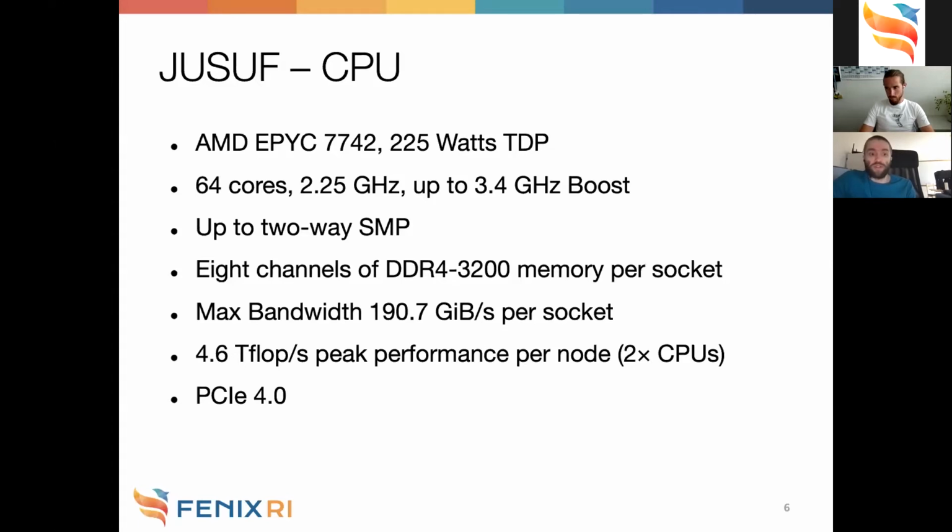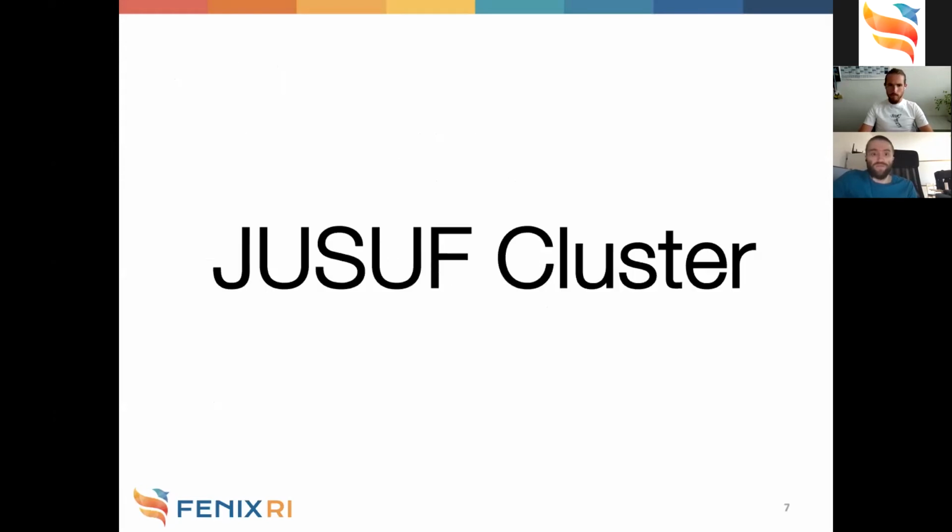The peak performance is 4.6 teraflops, which is quite significant for a single node. It also uses PCIe 4.0. Since the nodes are equipped with NVMe disks, there's potential for a speed up there as well.